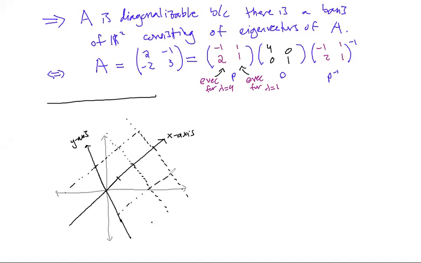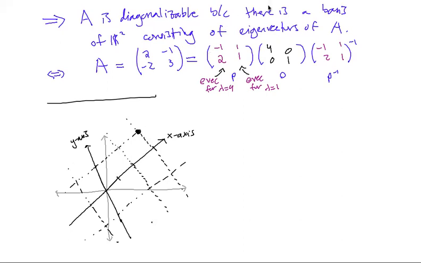Something over here. Okay, that's not drawn to scale. So for example, this point in our new system would be 2, 1. And that's what we have here.